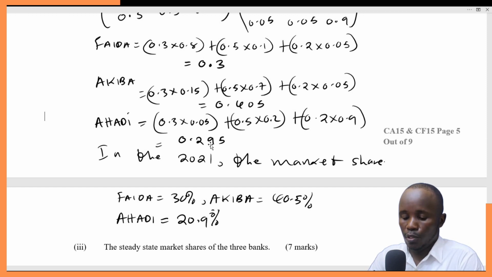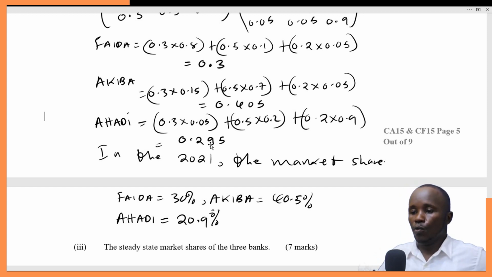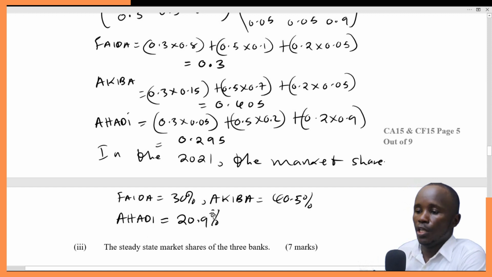Then 0.3 times 0.8 plus 0.5 times 0.1, plus 0.2 times 0.05. Correct. That is how we are supposed to get the market share for the year 2021. I hope that is clear.